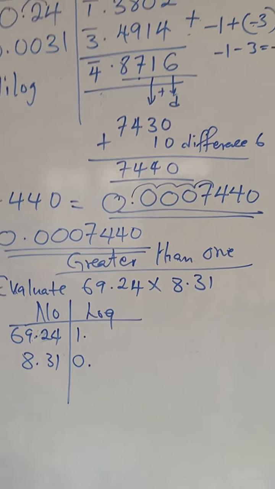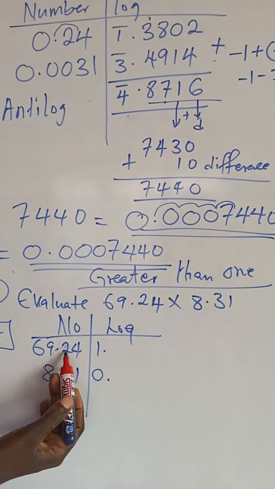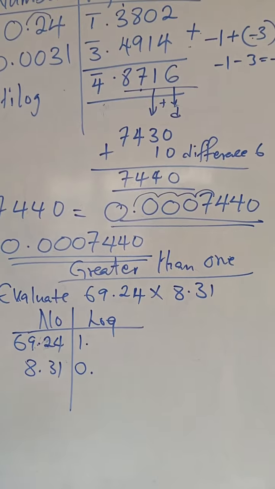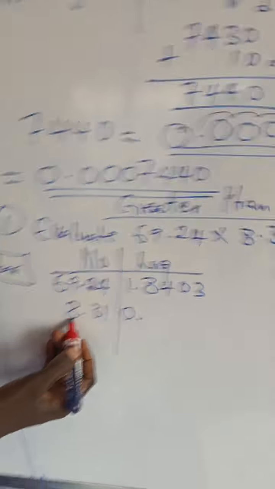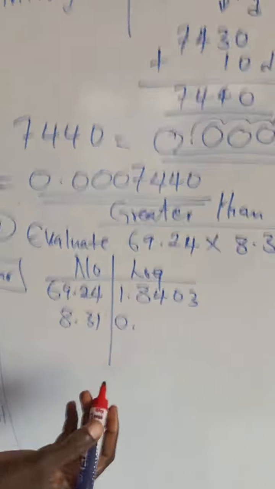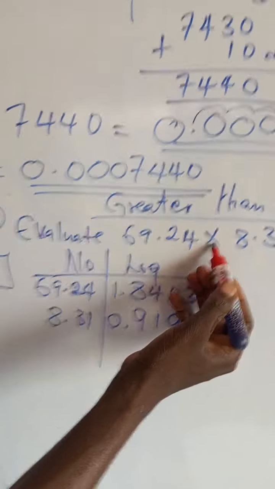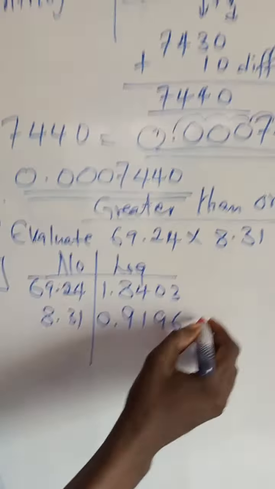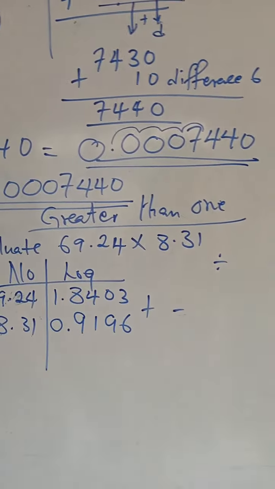Yes, let's now look at this. We'll look at 69 under 2, difference 4. Let's check it: 8403. Then we check 83 under 1: 9196. Like we said, multiplication means addition here, and if it is division, it will be subtraction.